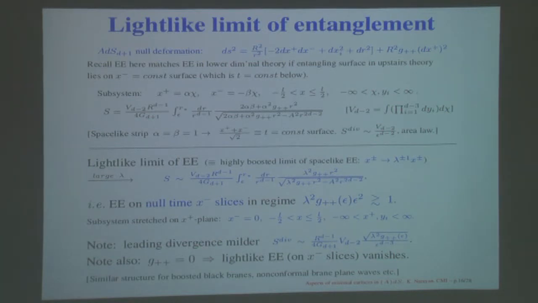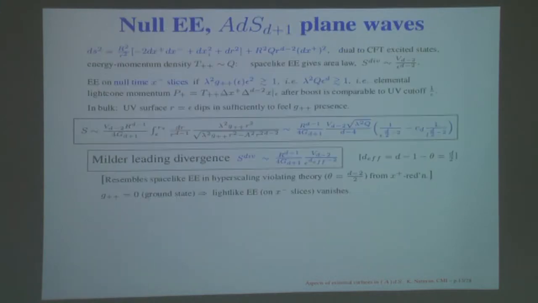But here, this makes an appearance in this context. So just to recap what we've done, we saw that these hyperscaling violating theories exhibit some novel entanglement scaling of sorts. We had these string constructions, and so we asked, does this really mean something for the field theory? And here is a hint of what it might mean.